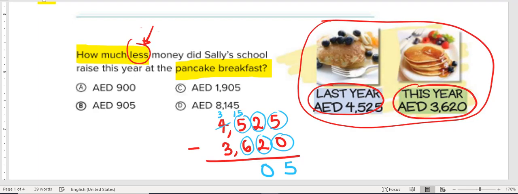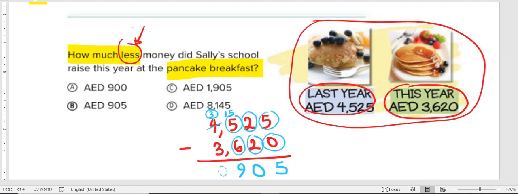Then 15 minus 6 is 9. We are left with 3 in the thousands place. 3 minus 3 is 0. We don't have to start the number with 0, so the final answer in this case is 905, which is option B.